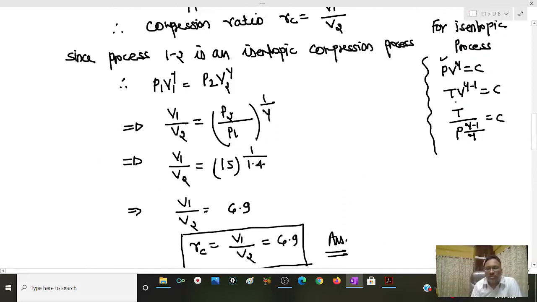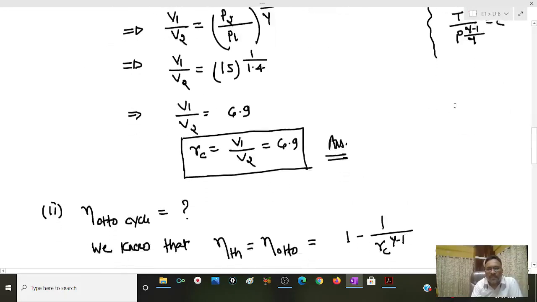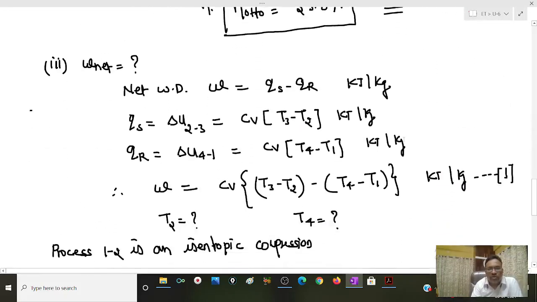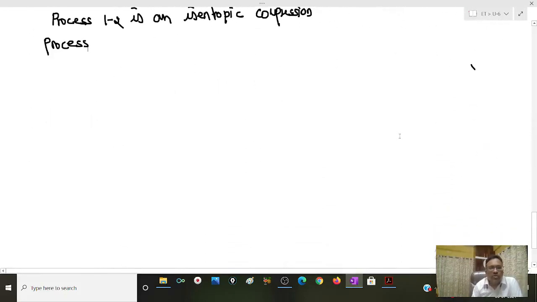I want to calculate the temperature T2, and we know the volume ratio V1 by V2, so I can apply this relationship.